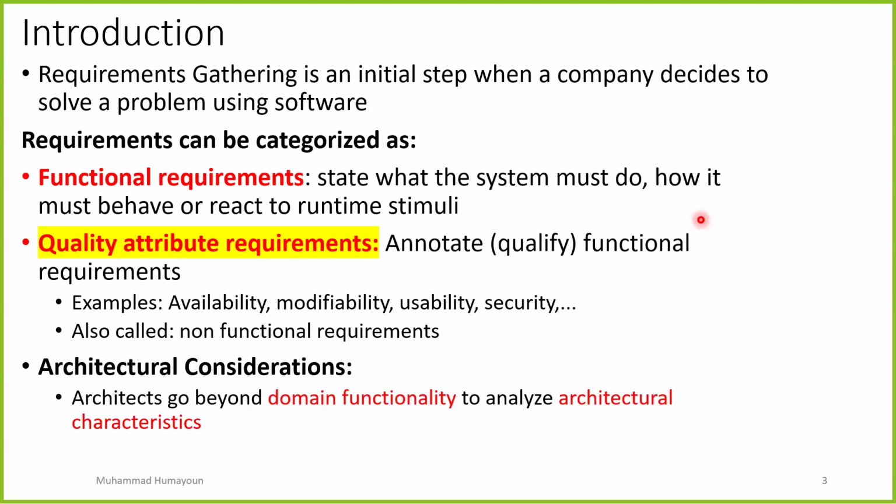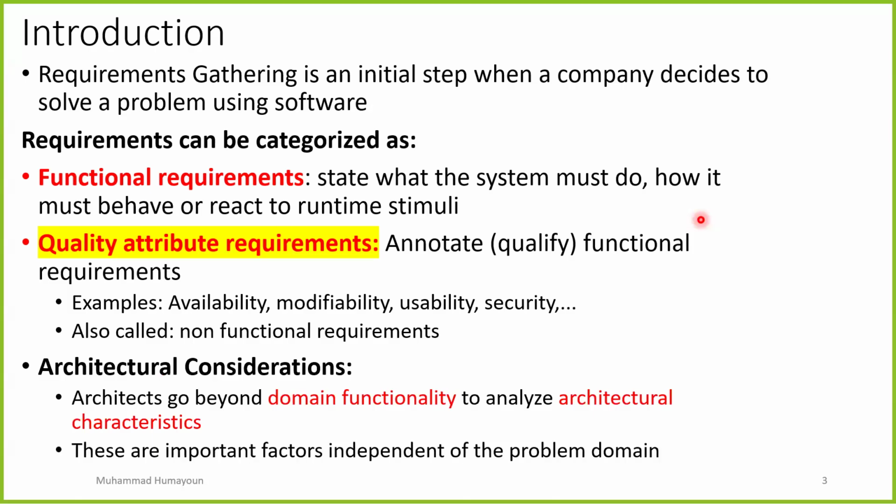And it is about the architectural considerations. What architects usually do is go beyond the domain functionality, and they analyze the non-functional requirements or architectural characteristics: how secure that system will be, how easy it will be to modify, because in future requirements will change, how we will make it available most of the time, how usable it will be, and so on.